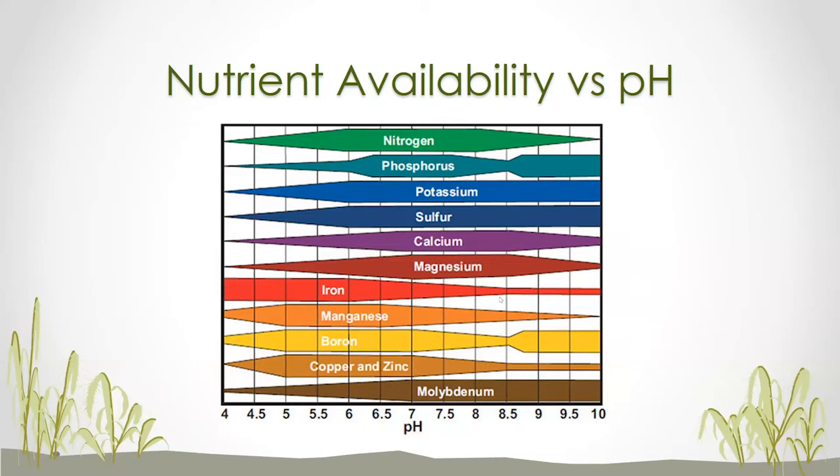And so we're always going to be dealing with difficulties in making iron available to our plants, and difficulties in making zinc available to our plants, and difficulty in making phosphorus available to our plants because of these. And so when we know the pH and we can measure the pH accurately, we can get a really good idea of what kinds of nutrient supply challenges we're going to encounter in that particular soil.